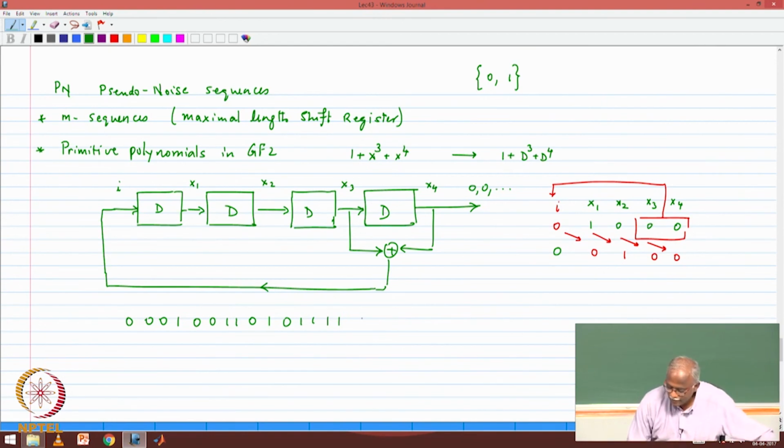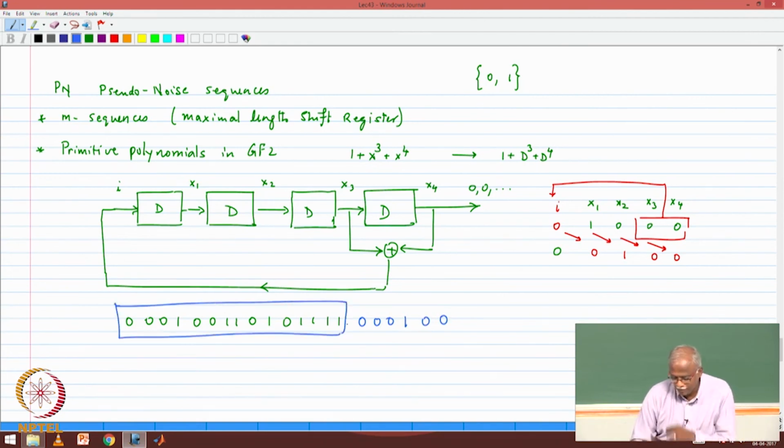And then you will find that the sequence repeats itself: 0, 0, 0, 1, 0, 0, and so on. This is one full copy of the sequence, and then this is a repeat. You can verify that it has a length of 15.